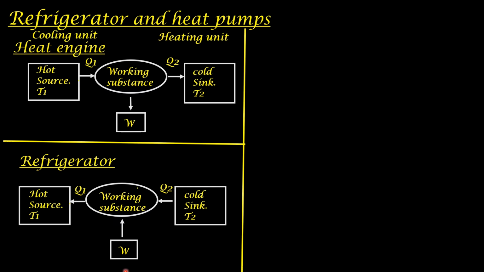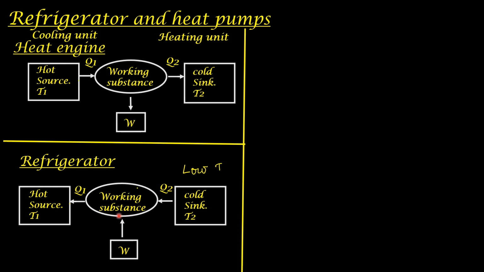In the case of the refrigerator, the working substance absorbs a certain amount of heat Q2 from the cold sink, which is at a lower temperature T2. It is already mentioned that it is a cold sink. The working substance is generally a gas. Using energy from an external source, say current, work is done on the working substance when its temperature increases further.